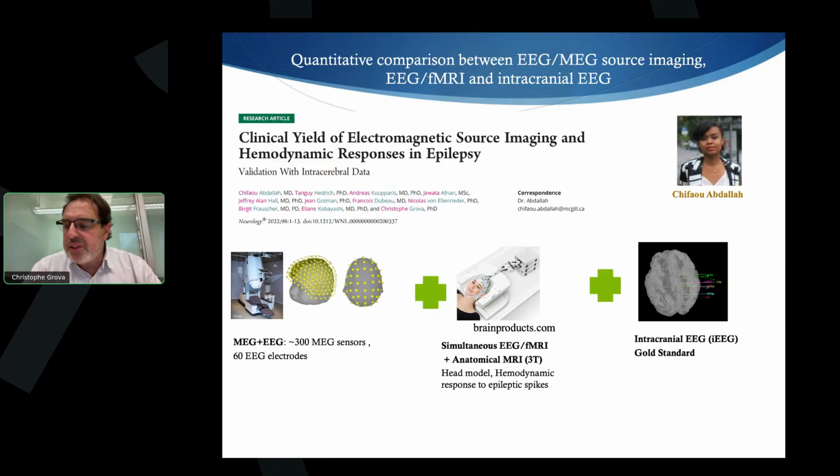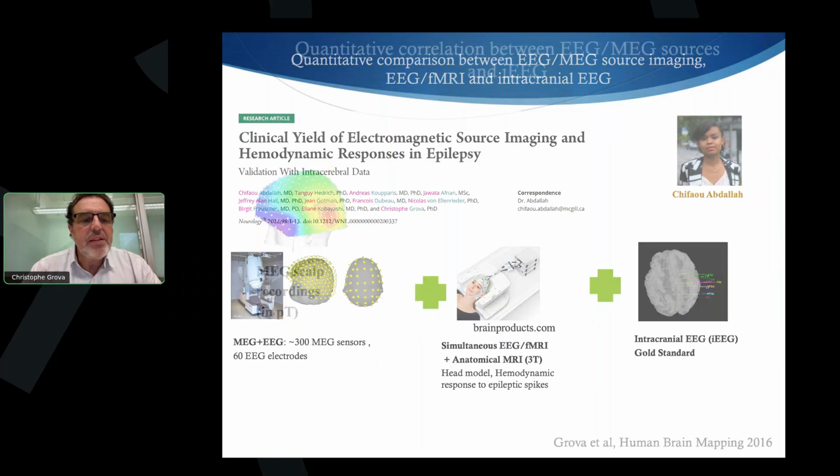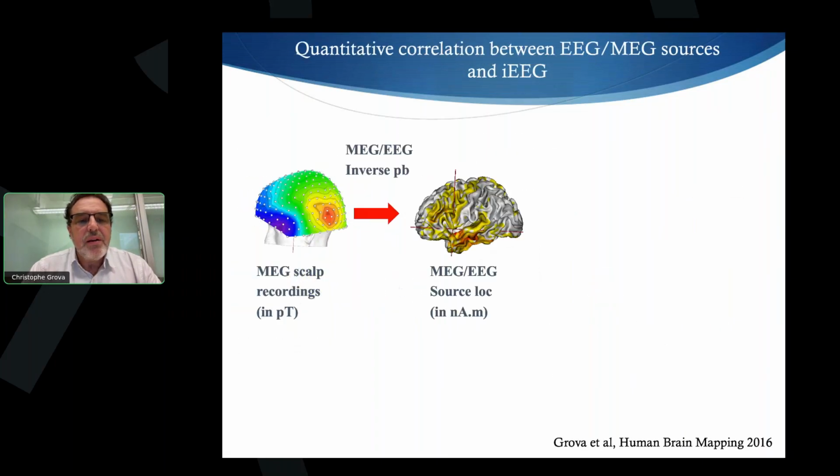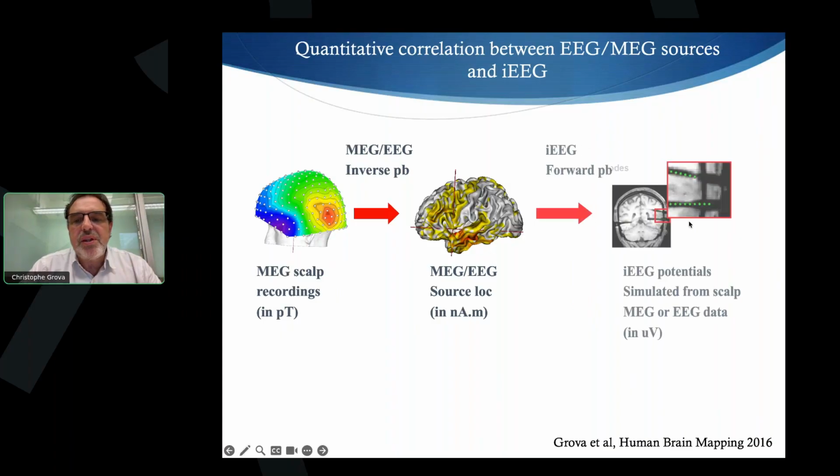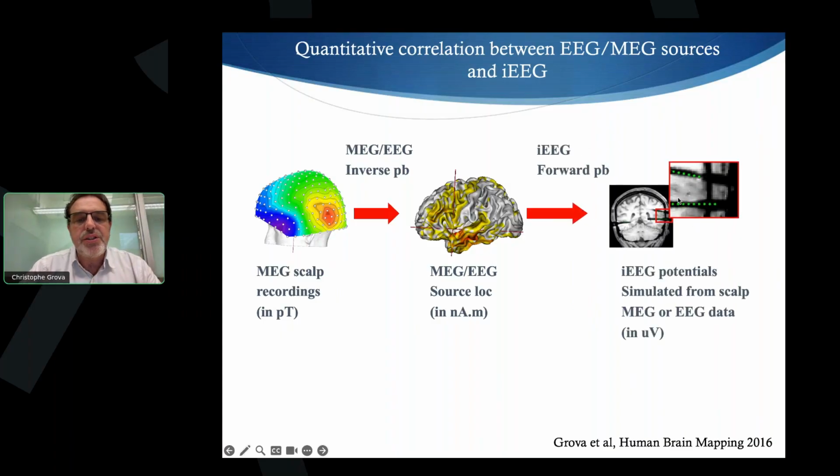And I will show one method that I developed a few years ago because I'm going to use it in many studies today. We record MEG, we reconstruct MEG along the cortical surface, but then we want to see what's the link with intracranial EEG. So what we decided to do is to transform our MEG sources into intracranial EEG data, because SEEG is our gold standard here.